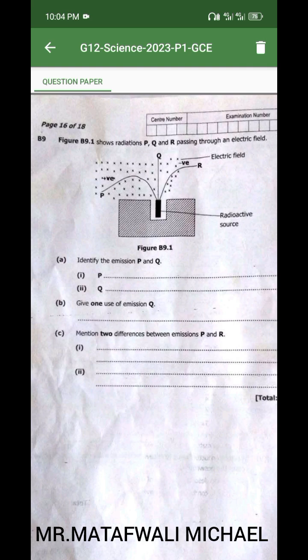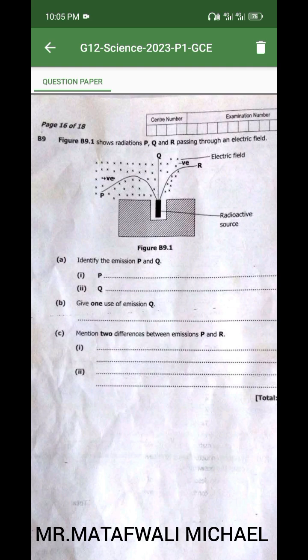To be able to identify emission P and Q, we first of all have to know which is the alpha particle and which is the beta particle. When we know these two, the gamma ray is not going to be so difficult, because we know that the gamma ray is never deflected in an electric field or a magnetic field.